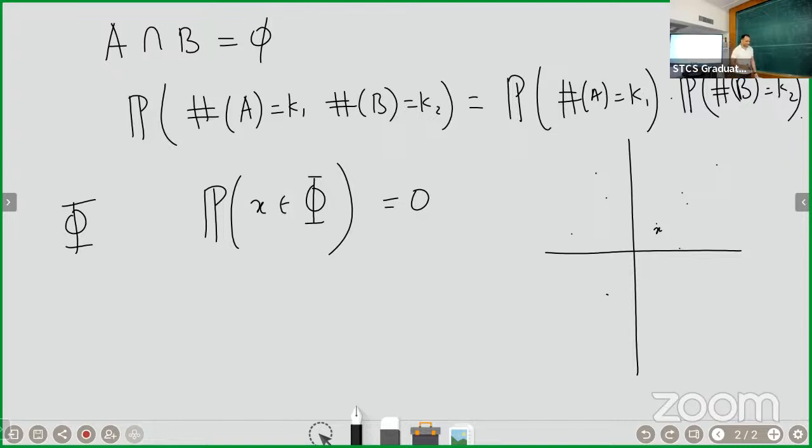It's very small, but why is it 0? Think of a uniform random variable over [0,1]. What is the probability that U is exactly equal to 0.5? 0. Why is it 0?